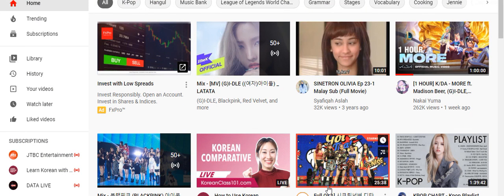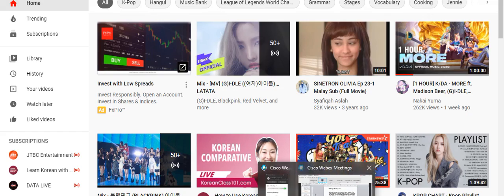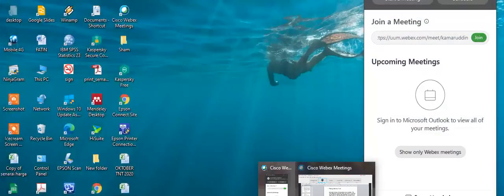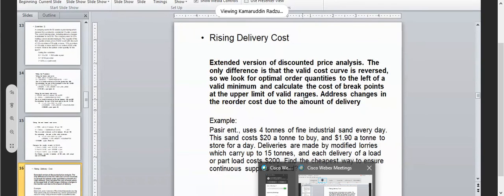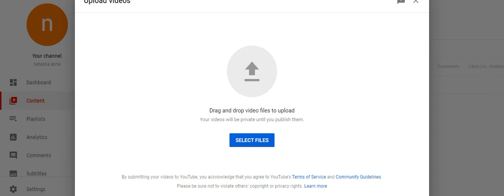Kamu kena scan, jadikan dia file PDF supaya mudah ikut turutan untuk semak markah, baru kamu hantar. Lepas tu dia tak exactly 2.5 hours, dia mungkin 3 jam, 3 hours.